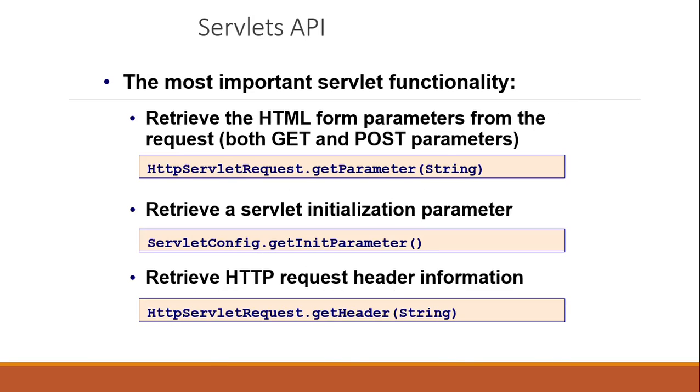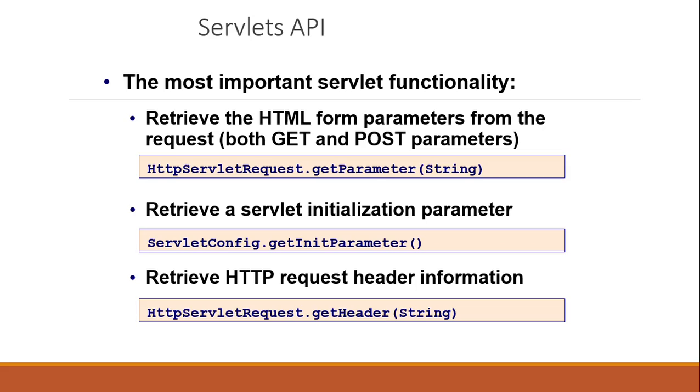Now the servlet API: what are the application interfaces there? API stands for application programming interface. The most important servlet functionality is to retrieve the HTML form parameters from the request. Whatever request is there, you have to retrieve the HTML form parameters, both get and post. HTTP servlet request dot get parameter string.